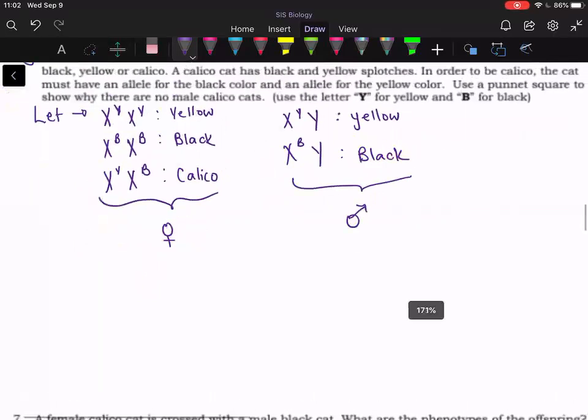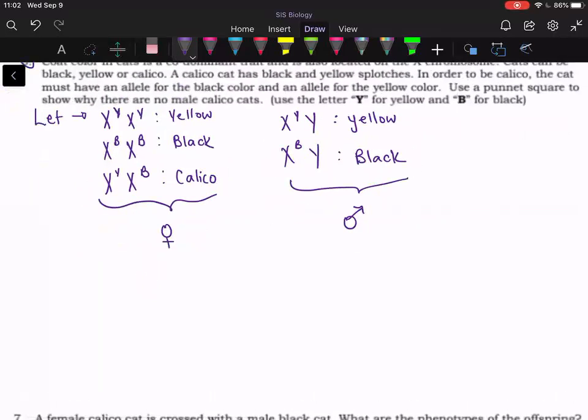Did I find a genotype for the calico phenotype in males? No, I didn't. Okay, so because of that, there's no chance that I can have a calico male. And that's because the genotype requires 2 X chromosomes, one to carry the Y allele and one to carry the B allele in order to be calico.